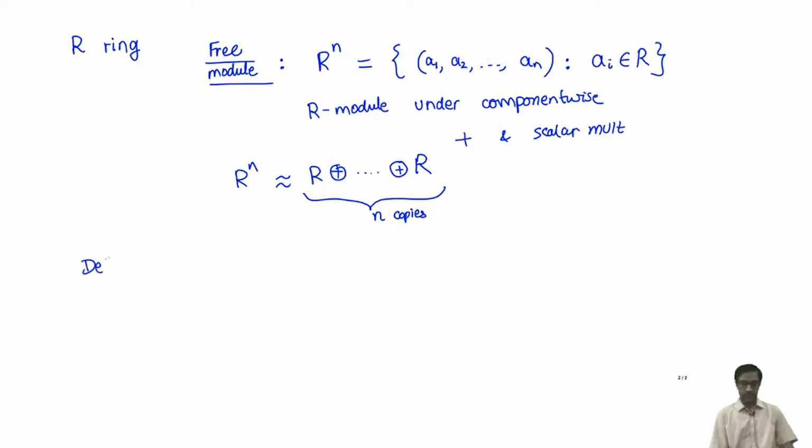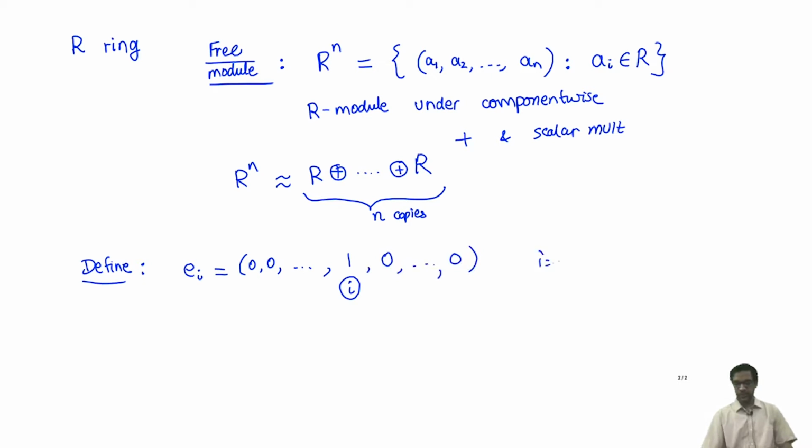So let's look at the standard basis in some sense. Let's define the element ei, which is 0 everywhere else except 1 in the ith position. So this is the ith place, zeros.